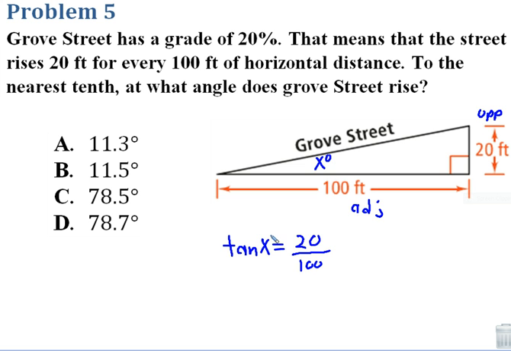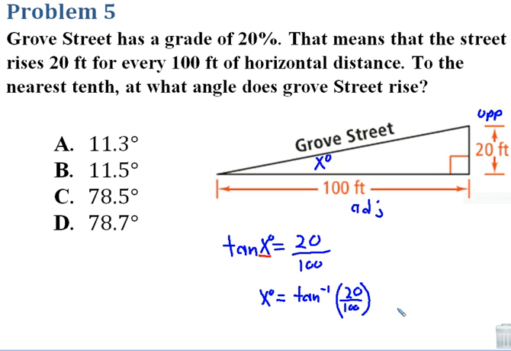Okay, and when the variable we're looking for is actually this angle inside the tangent ratio, what we'll do basically is take the tangent inverse of both sides of the equation, which leaves us with x is equal to just tangent inverse of 20 over 100. So that'll be what we plug into the calculator.